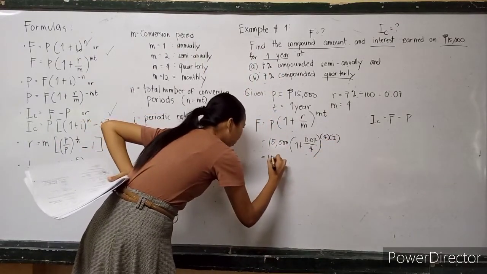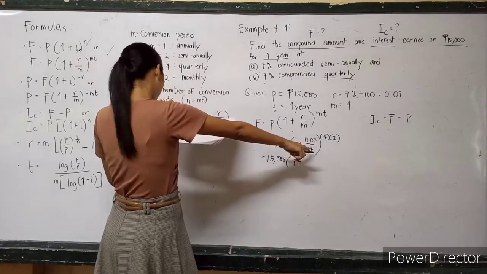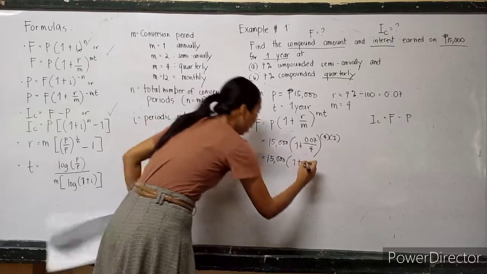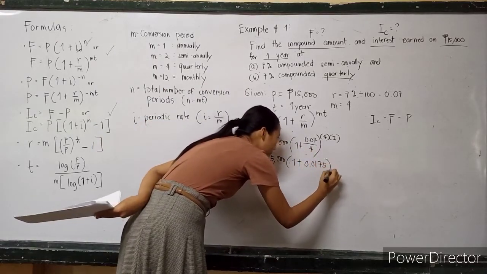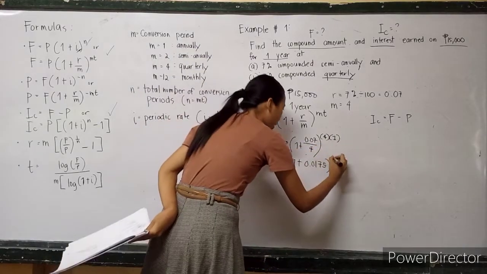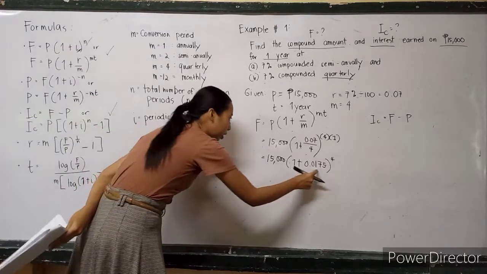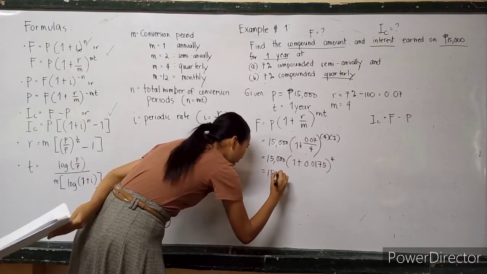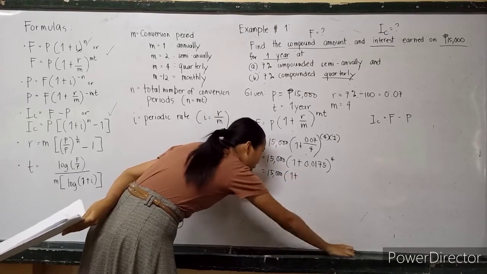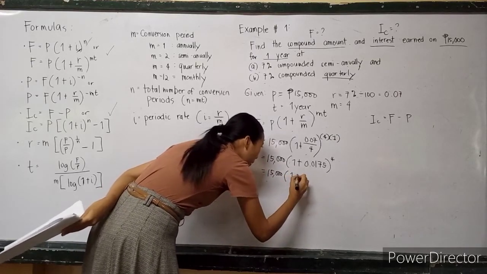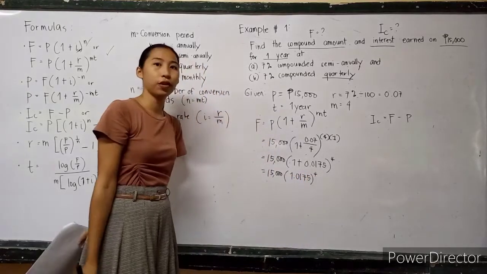We have 15,000, then 1 plus, if you use the calculator, the answer would be 0.0175. Then 4 times 1, of course, is 4. Then, we add these two. So, we have 15,000 times 1.0175 raised to the power of 4.